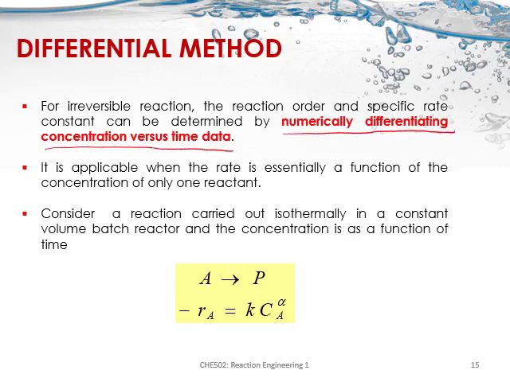It is applicable when the rate is essentially a function of the concentration of only one reactant. Remember, it's only applicable if you have only one reactant. If there are more than one, yes, it can be used also, but we have an additional step.